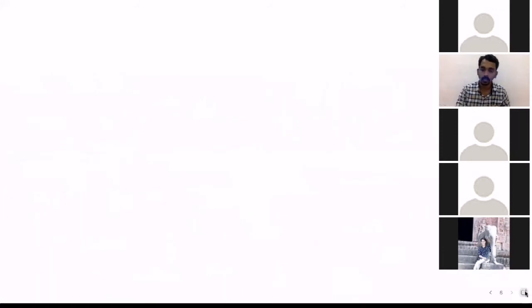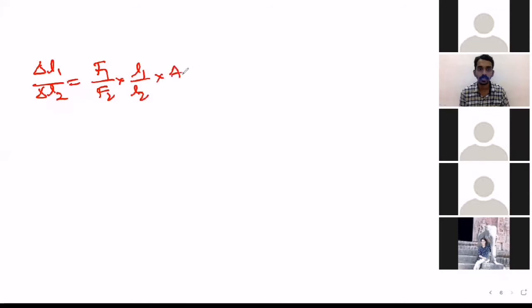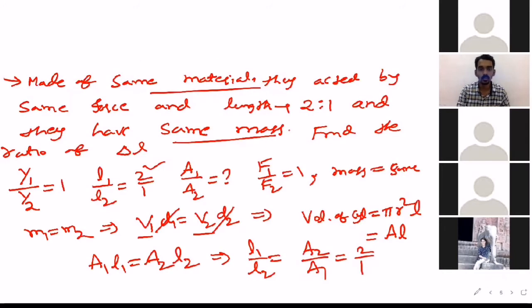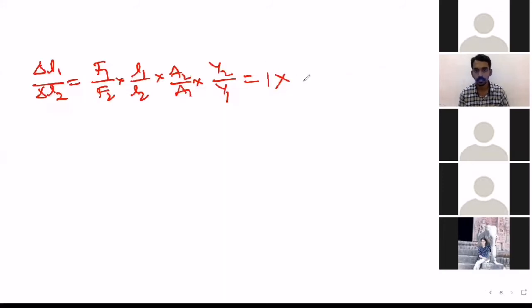Now you take the general formula. So already what we have taken, delta L1 by delta L2 equal to F1 by F2, L1 by L2, A2 by A1, Y2 by Y1, equal to F1 by F2 is 1, L1 by L2 is 2 by 1, and A2 by A1 is also 2 by 1.